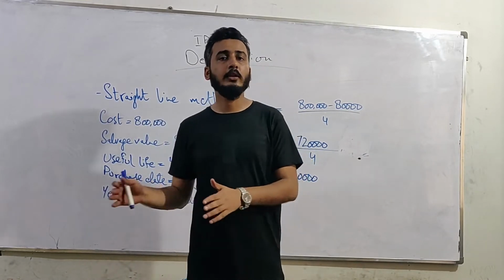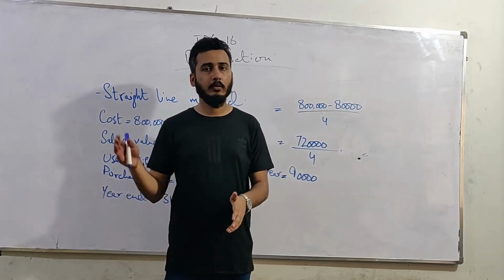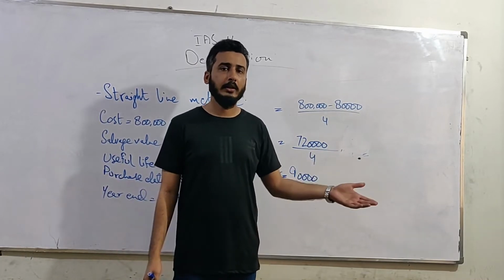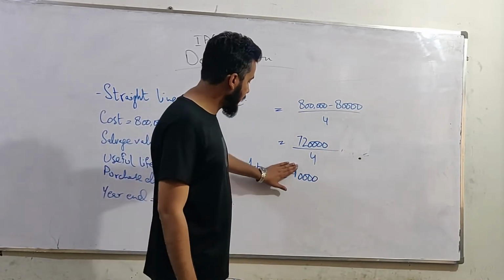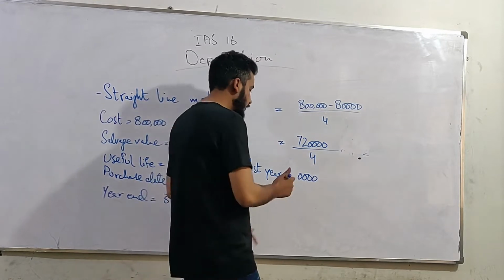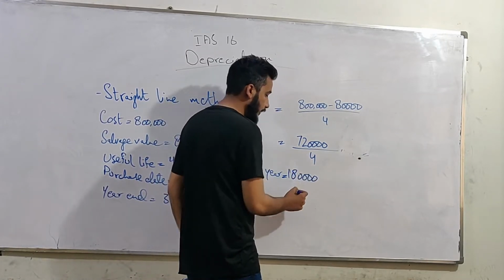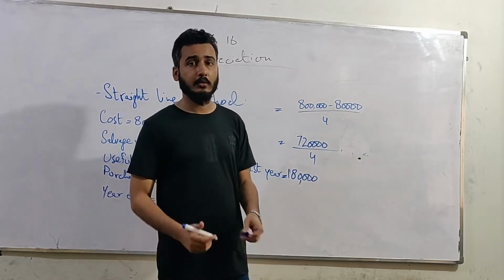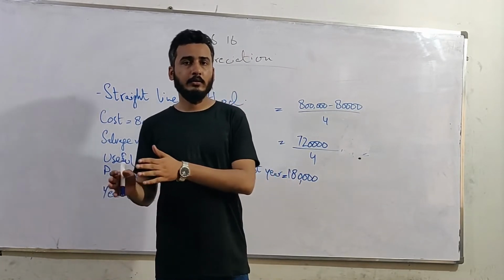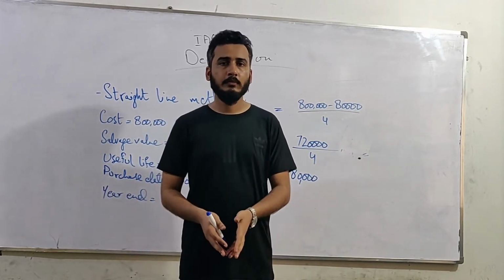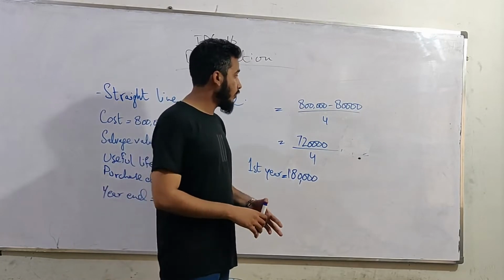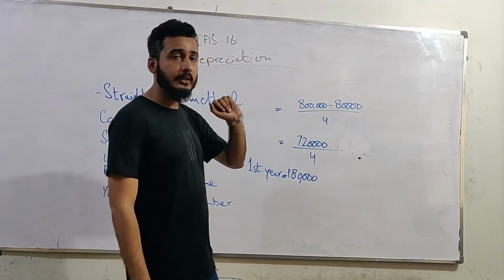Now we have to calculate the whole year's depreciation from January 1st till 31st December. So this figure shall change in the next year to 180,000 per year's depreciation. And this will be so in years 2 and 3 as well. So this was all about the straight line method.